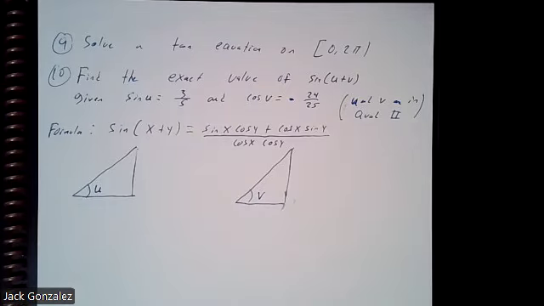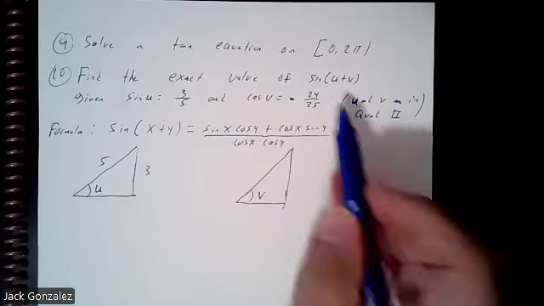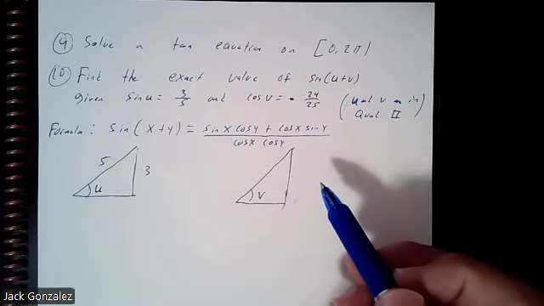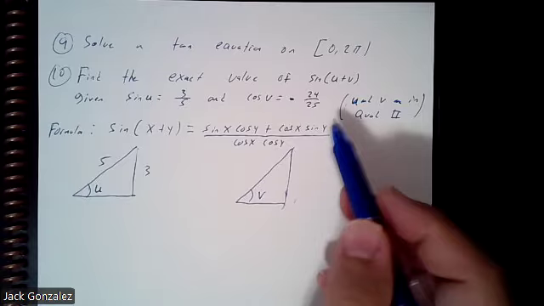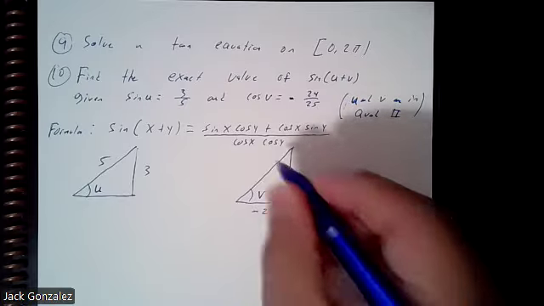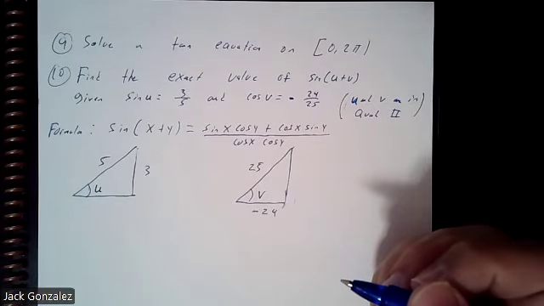All right. So here we go. Sine u is 3 over 5. So opposite over hypotenuse. Cosine v is, adjacent negative. Hypotenuse is never negative, by the way. Just make it positive, 25.